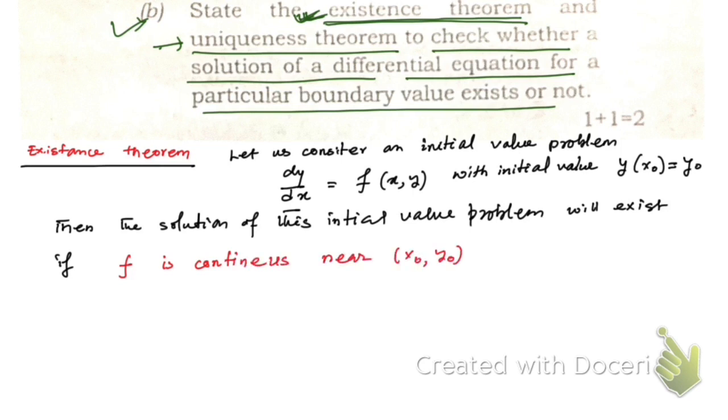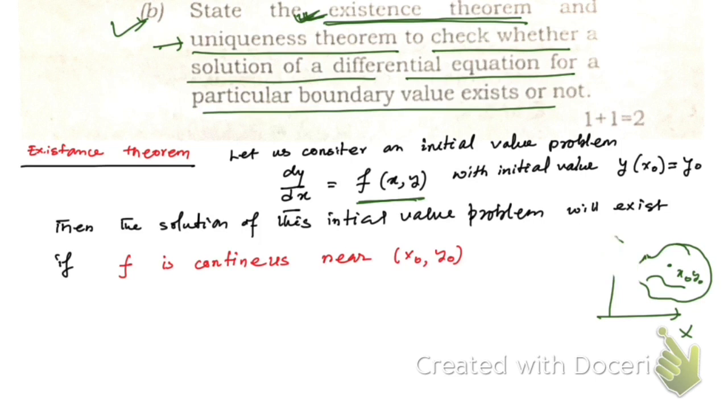That means, suppose this is your xy plane, and this is your point, suppose x0 y0, okay, and we have taken a very small region around this point. Then near this point, if this function of x and y is continuous, then we can say that the solution of this initial value problem does exist, right?